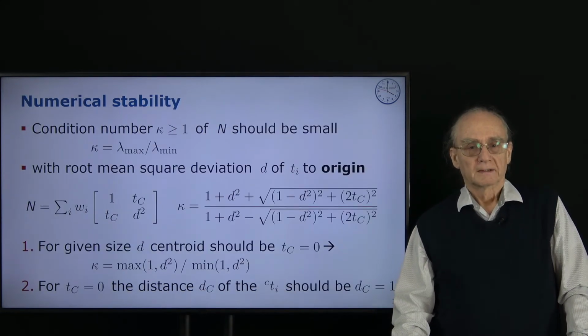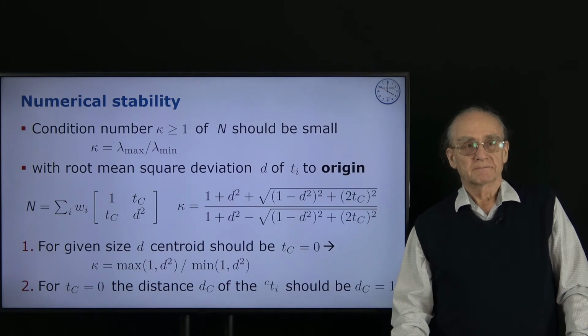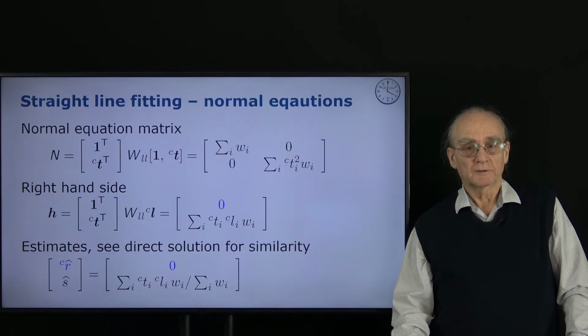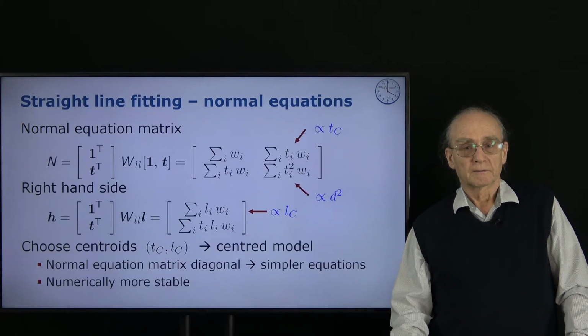Now, I said there's a problem in numerical stability. If you have this normal equation system, 2 by 2, if it would be diagonal, the eigenvalues would be this value and this value.